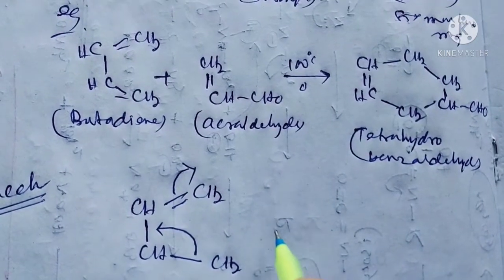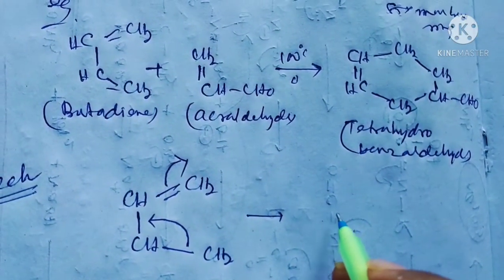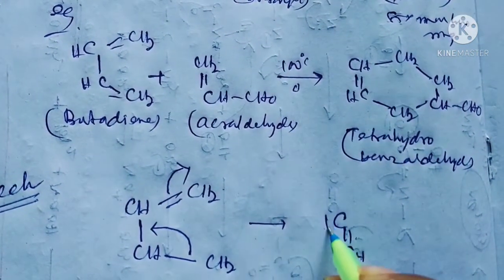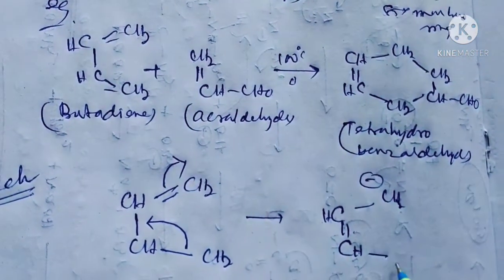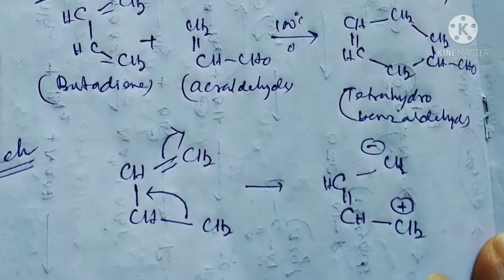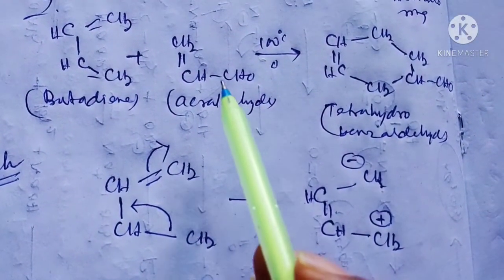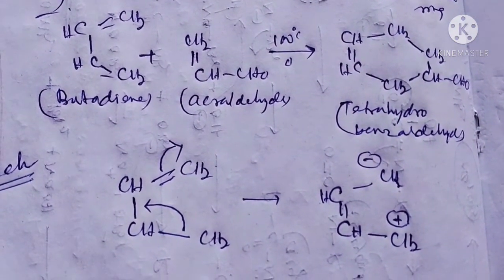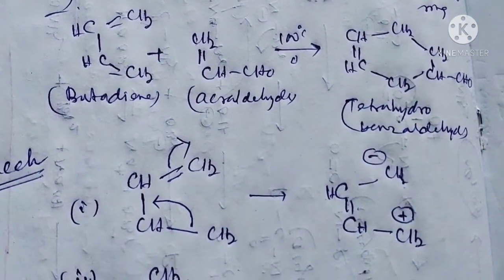Now for this reason one of them gets a negative sign, another one gets the positive sign over here. And this is due to the electromeric effect. And this acraldehyde, this is step 1, and this is step 2.